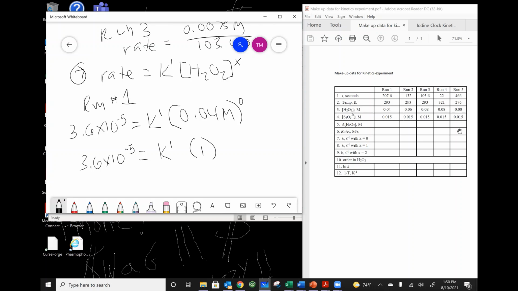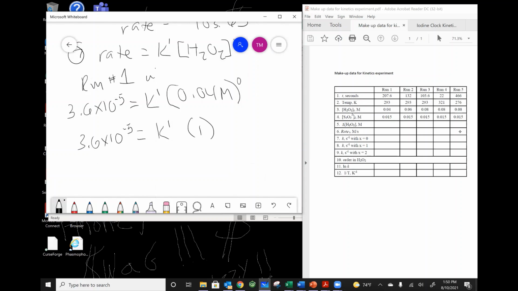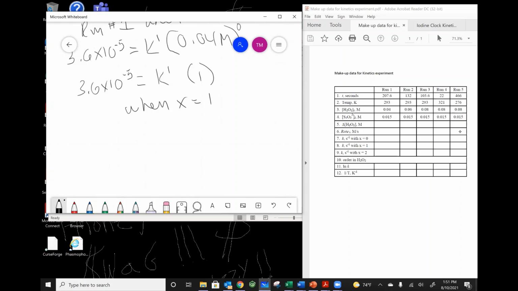So what about when X is equal to 1? Let's see what that looks like. So 3.6 times 10 to the minus 5 equals K prime times 0.04 molar to the power of 1.